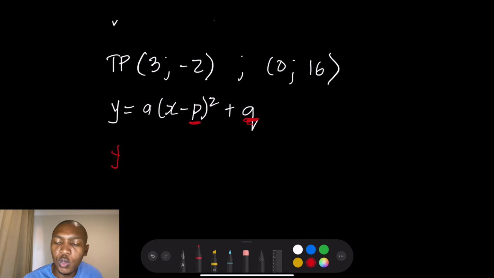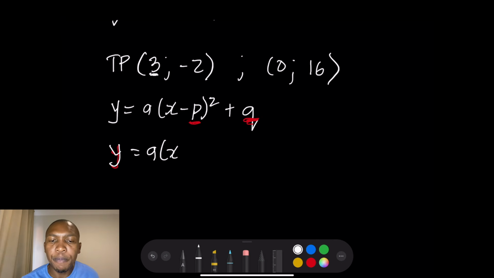So what you could do, let me just choose another color, sorry. This is going to be a into x. For p, that is the x value of the turning point. So this would be x minus 3 squared, and then for q that would be minus 2, which is the y value of the turning point.